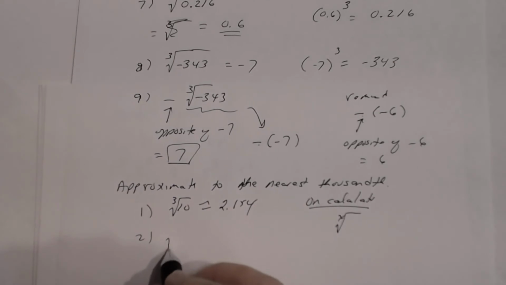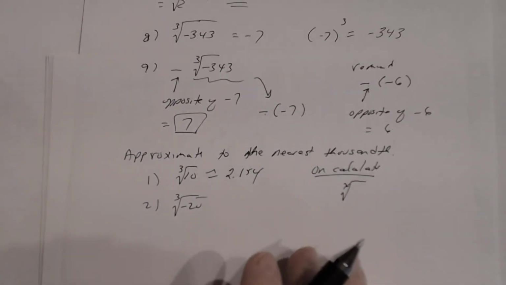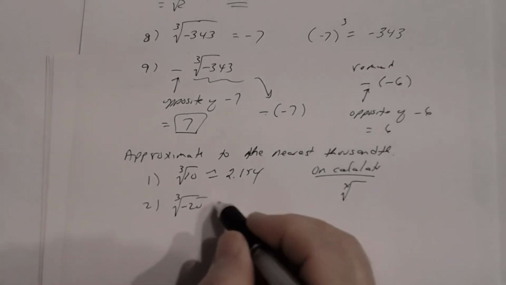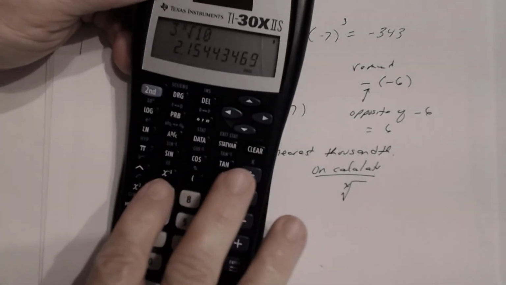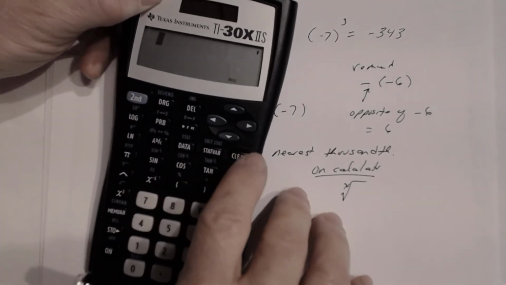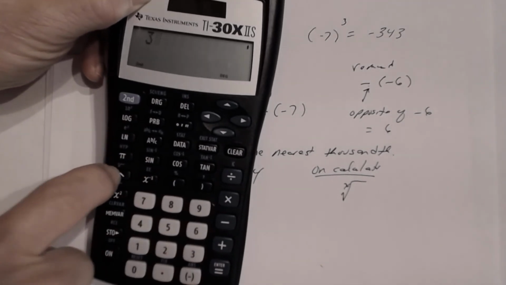Let's suppose we had the cube root of negative 20. So again, 20 is not a perfect cube, so I'm going to have to approximate this. In your calculator, you're going to say cube root. You type in 3 first, then press second, and then that button right here.